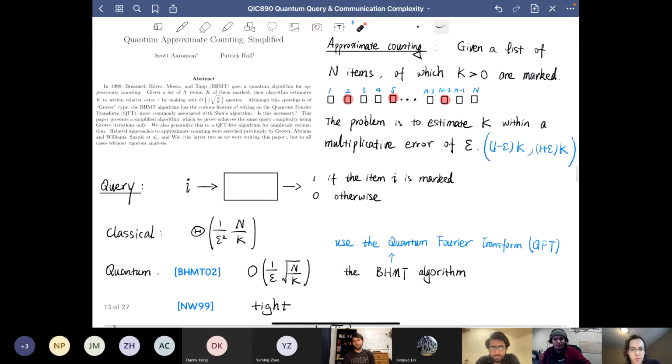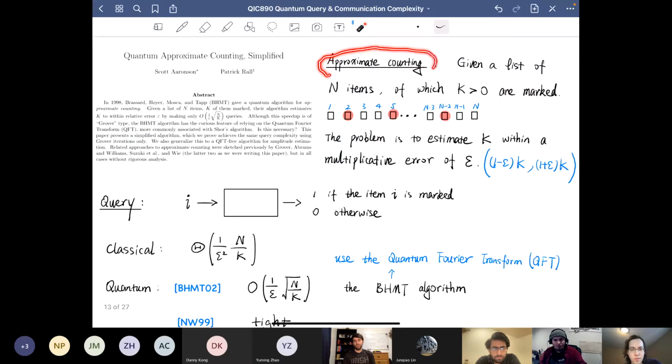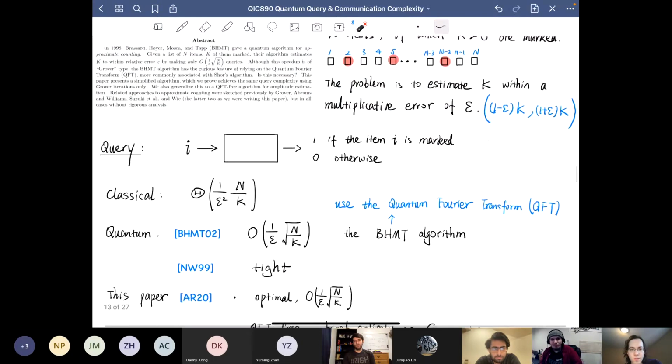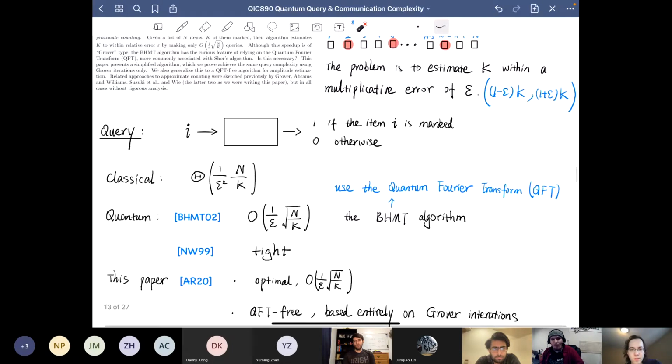As we can see, the approximate counting problem looks like database search, but not the same. Indeed, the BHMT algorithm uses the QFT as a key ingredient. Here, QFT stands for quantum Fourier transform, not for quantum field theory. So the BHMT algorithm is a sort of hybrid of Grover's algorithm and Shor's algorithm.